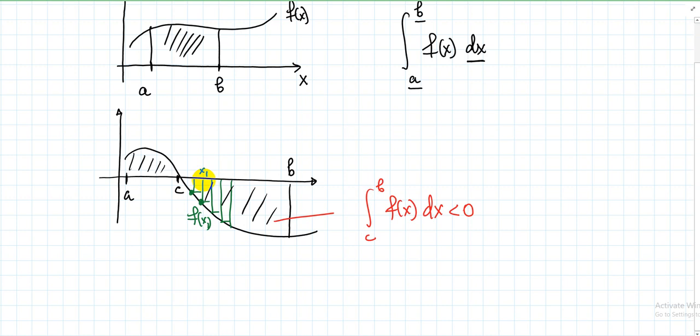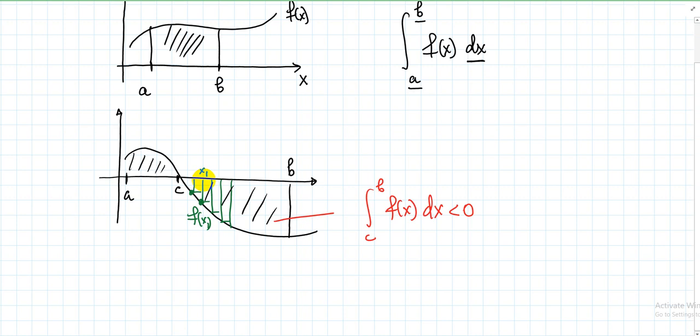So if I would like to find the area of this rectangle, the second one, I have to multiply the height, which is f of x1, a negative number, by delta x, which gives you again a negative number, right? So this will be negative for all the rectangles, okay? If you sum them at the end, it gives you again a negative number, okay? So if the curve is below the x line, the integration is a negative number, okay?